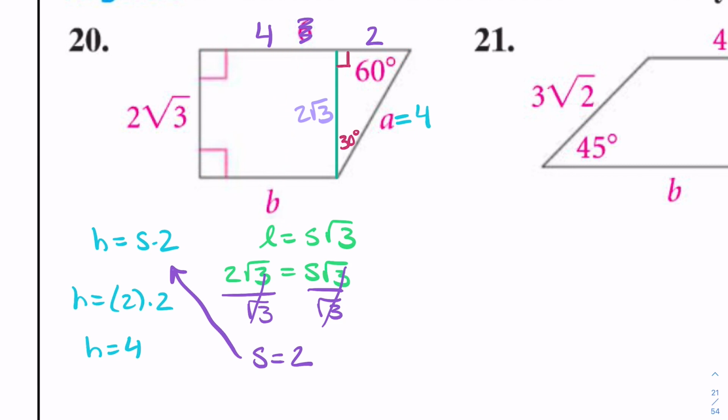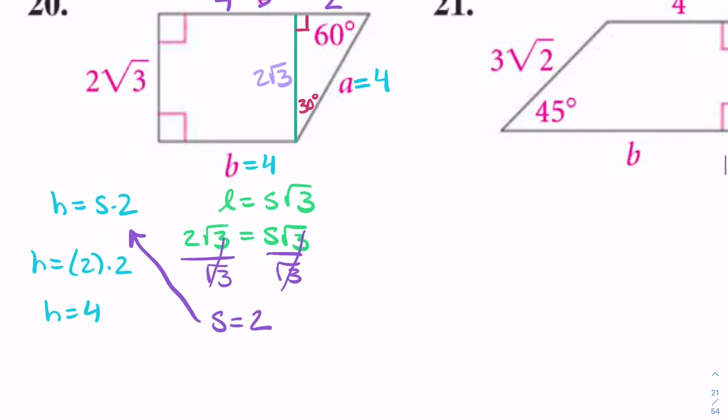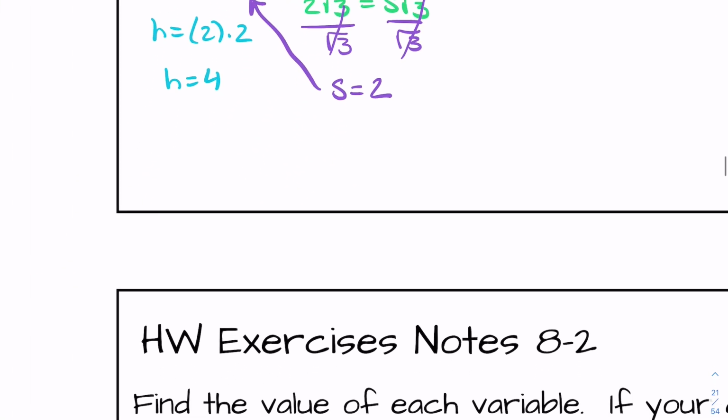And now we're going to travel across, and we'll say B is 4 because of that. All right, so A is 4 and B is 4. Not too bad.